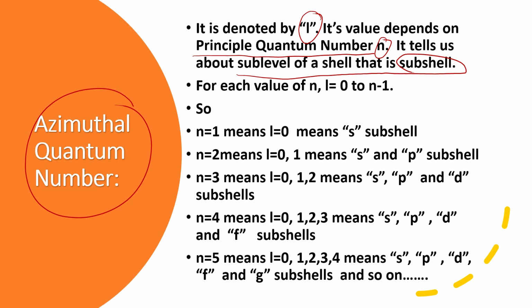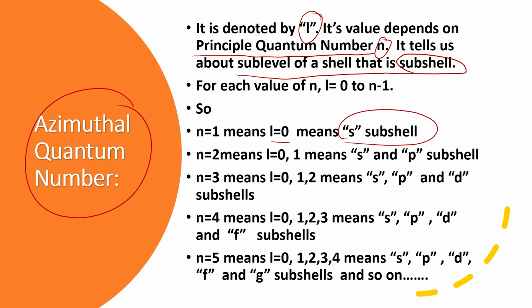Inside the shell there is a subshell. So how do we say that? For each value of n, suppose n is 1, the first shell, the l value is 0 to n minus 1. So l equal to 0 means the s subshell.